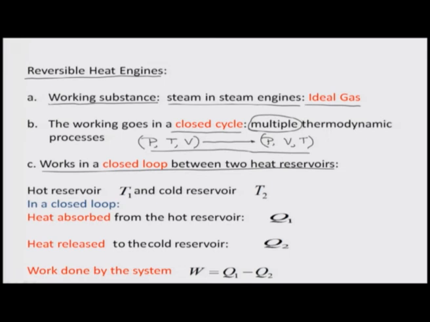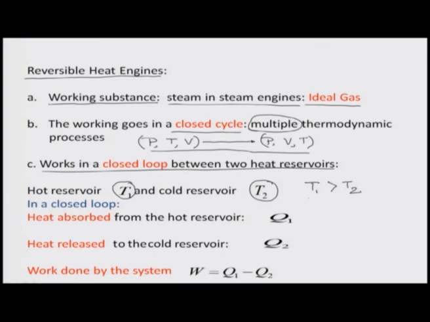One is hot, which is at temperature T1, another is cold, which is at temperature T2. So I write T1 greater than T2. This working substance will work in a cycle between these two heat reservoirs with temperatures T1 and T2.